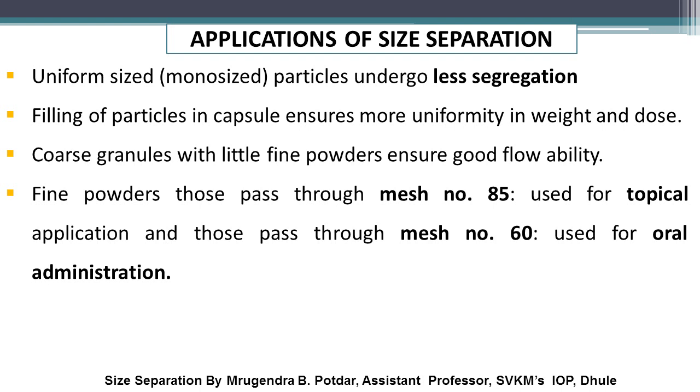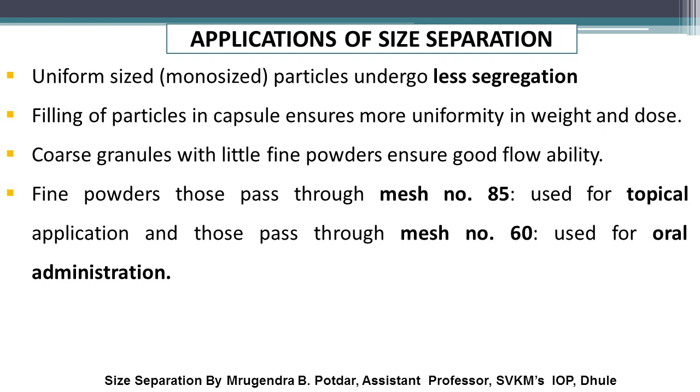So what does mesh number 85 indicate? It indicates how many apertures or openings are present in a particular area of a specific sieve. The area is 1 inch. So 85 apertures present in an area of 1 inch is called sieve number 85.